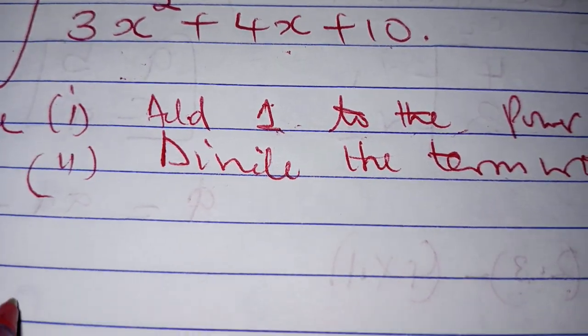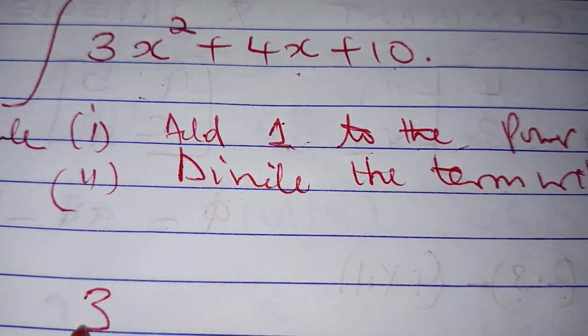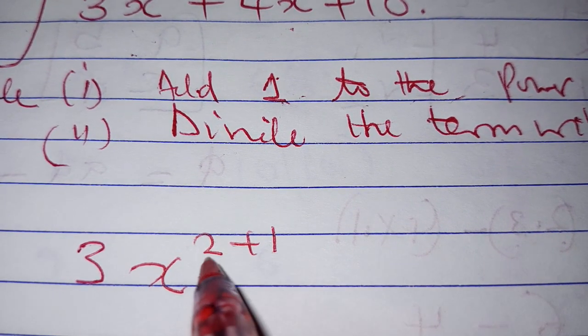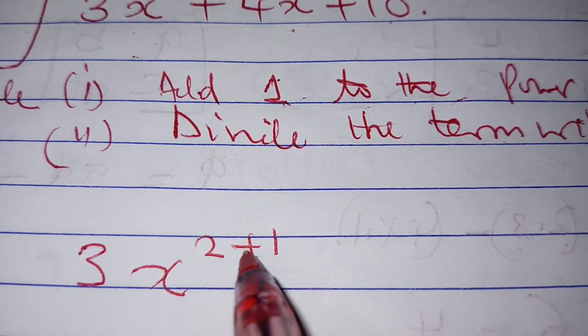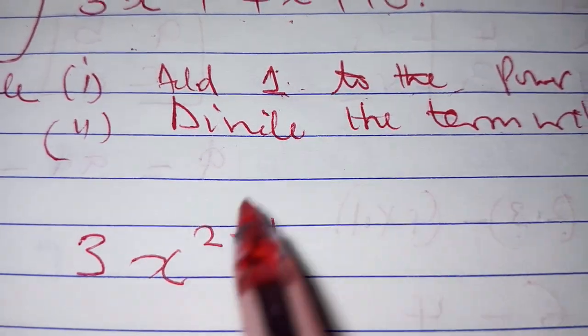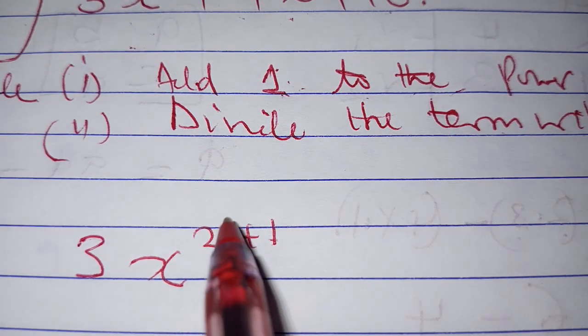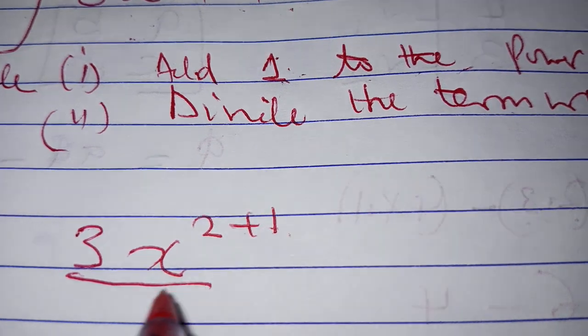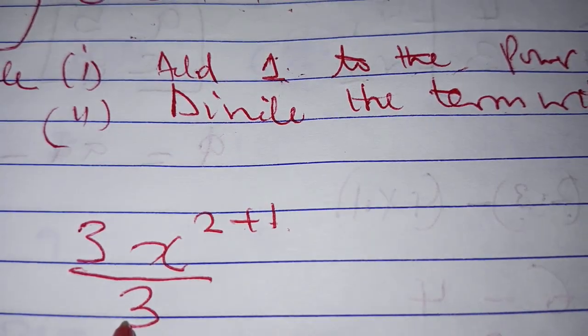If you are to answer this question, you would have 3x to the power 2 plus 1. That means x raised to power 2, we add 1. The first rule says add 1, and therefore adding 1, you get x raised to power 2 plus 1. Then you divide the term with the new power, which is 3.